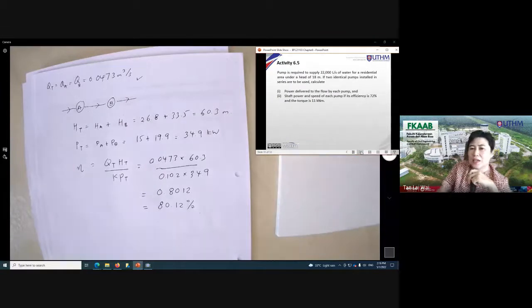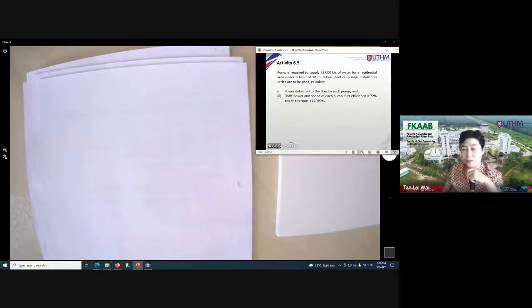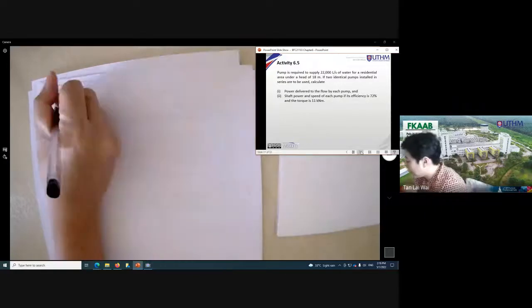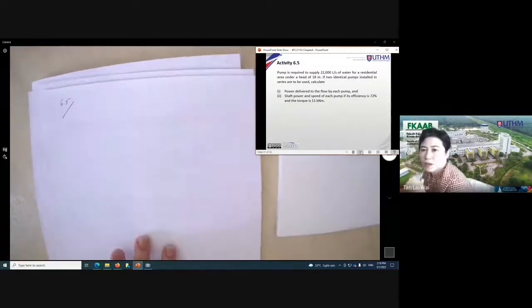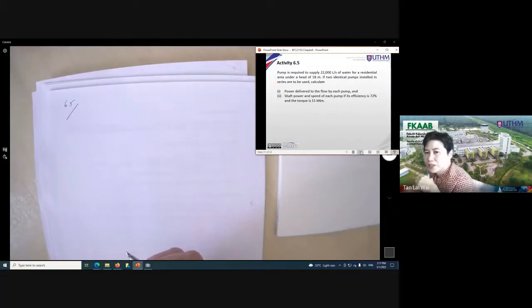Okay, let's look at one more activity here, which is activity 6.5. You have a pump, all right? Now, this pump, you need to supply as much as 22 meter cube over second of water.